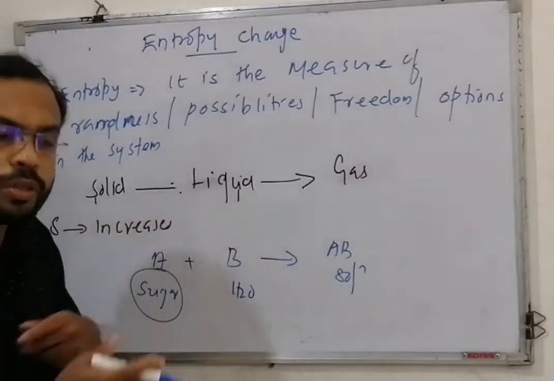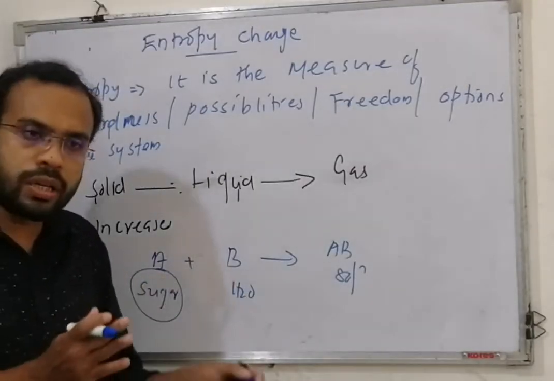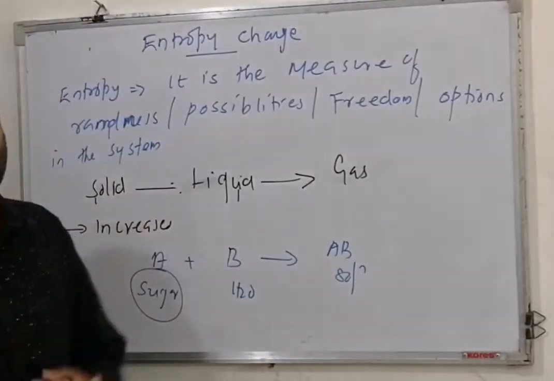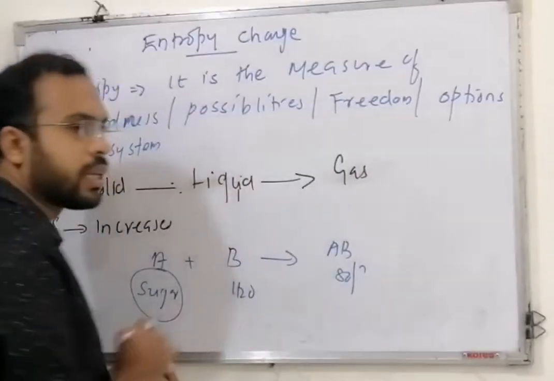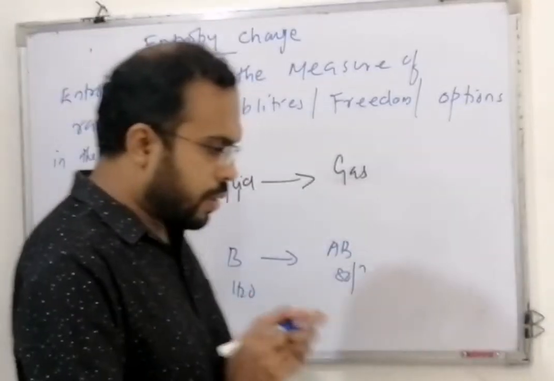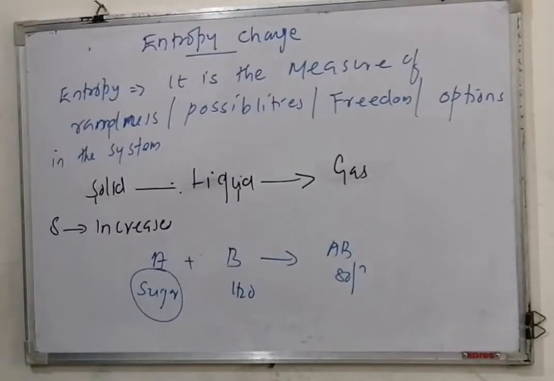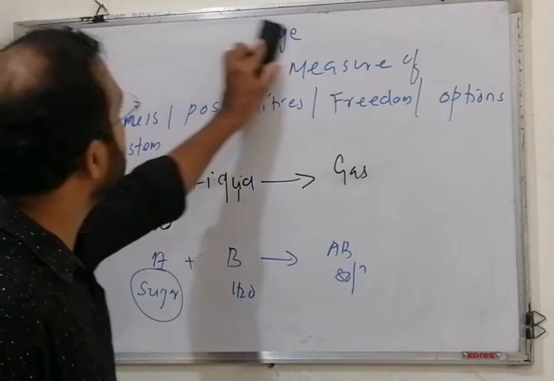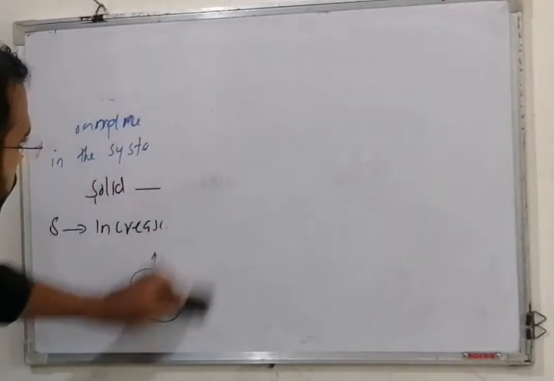But when you mix, there are more options of connection: sugar, water, sugar, water. That is why entropy increases. Therefore, every process where the freedom, randomness, possibilities, options increase, that change will accompany an increase in entropy.